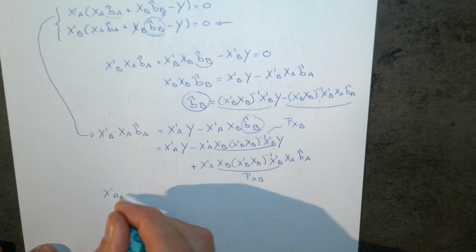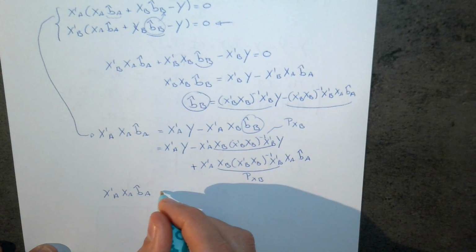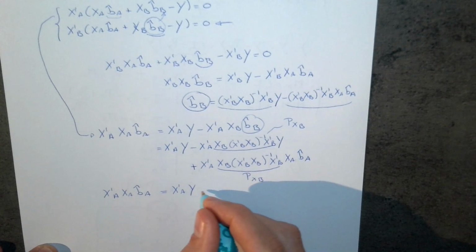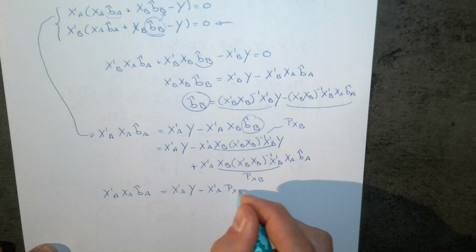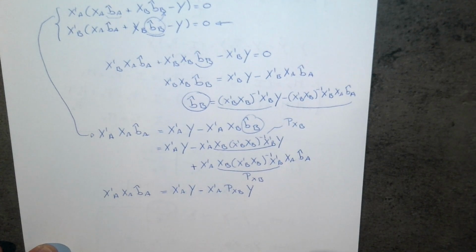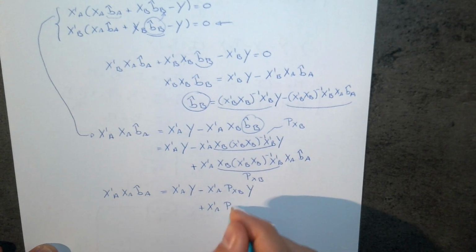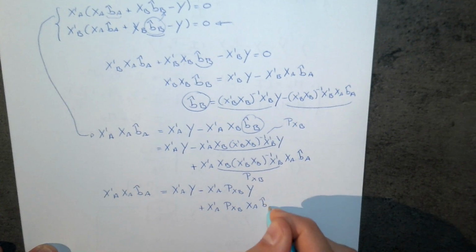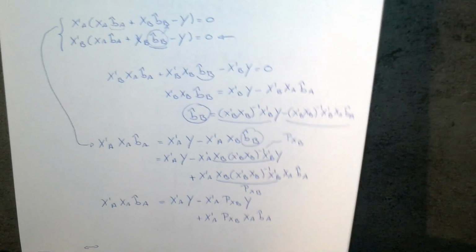So I have x prime a xa b hat a is equal to x prime a y minus x prime a pxb y plus x prime a pxb xa b hat a. Okay, I'm almost there.